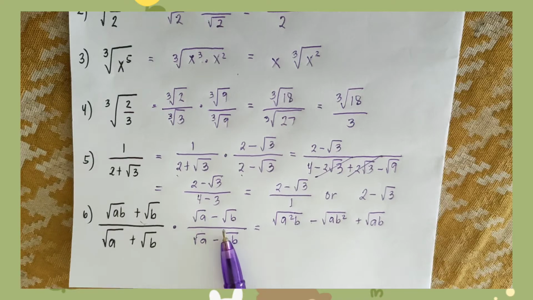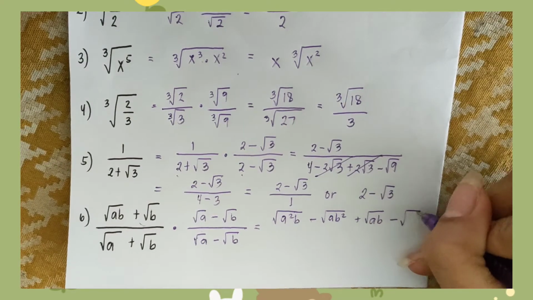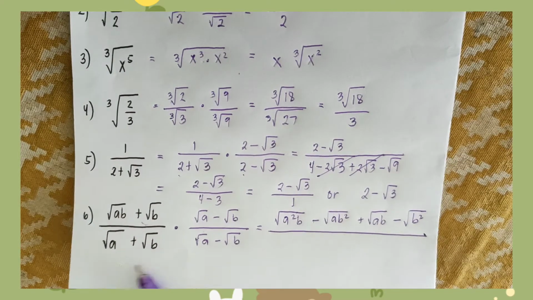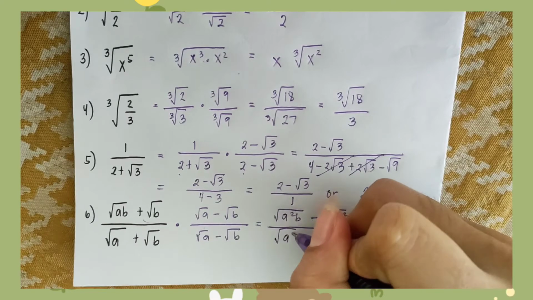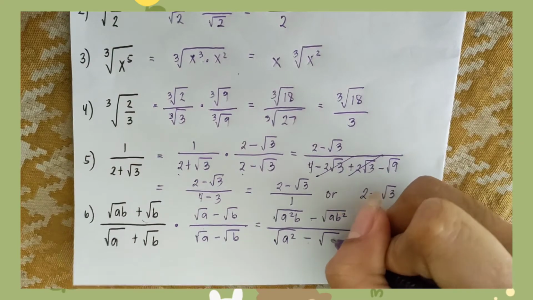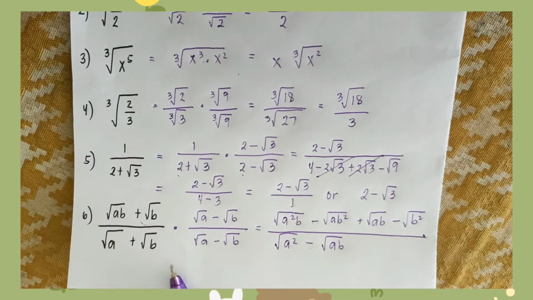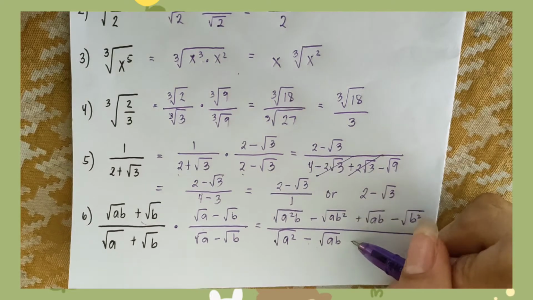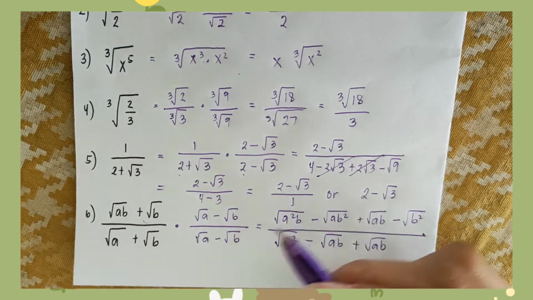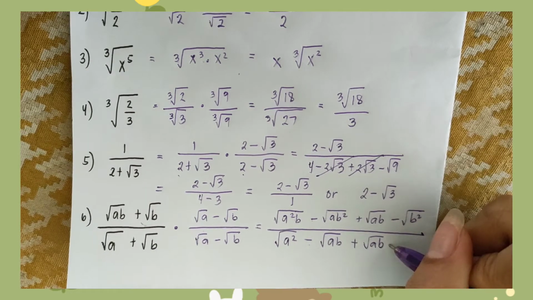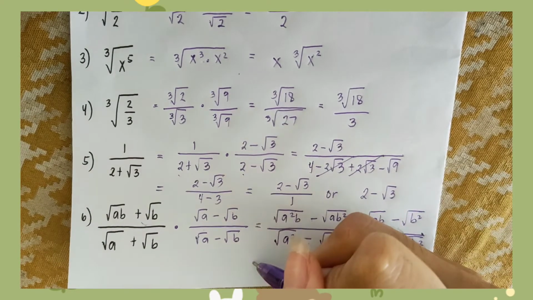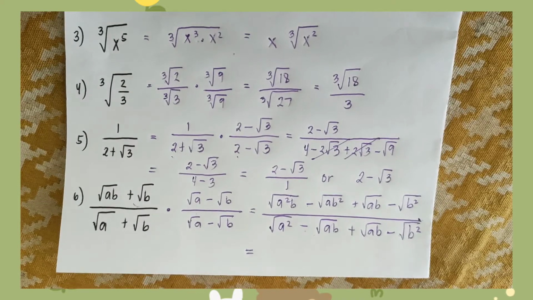Positive square root of B times negative square root of B, that is negative square root of B. All over FOIL method, A times A, that is A squared, minus A times negative B, B times A. You have AB, and then positive square root of B times negative square root of B, we have negative square root of B squared. Now let us simplify.